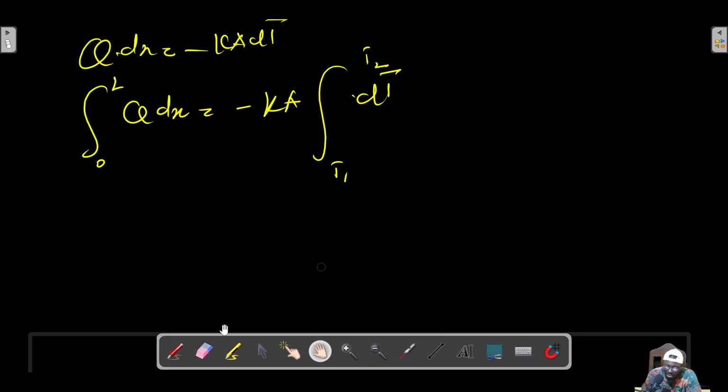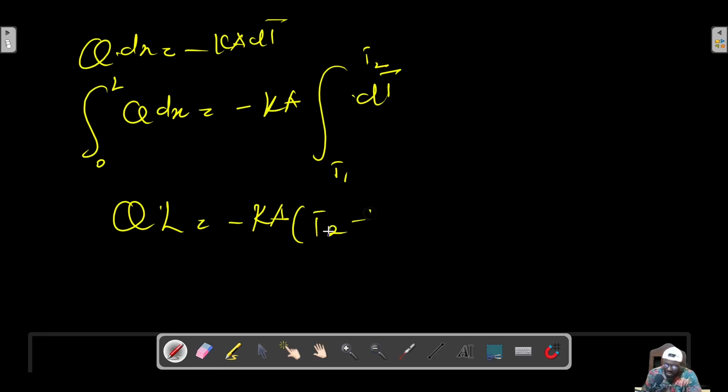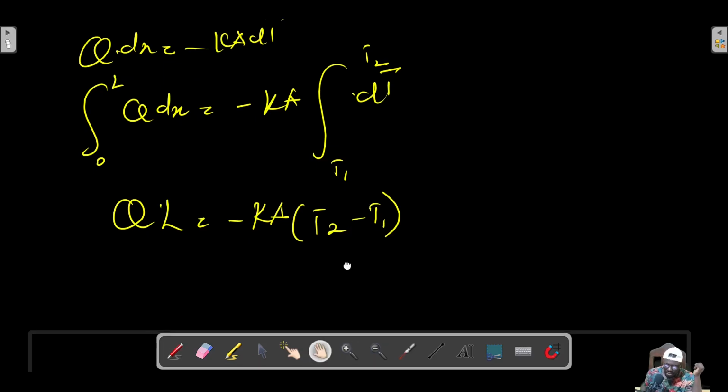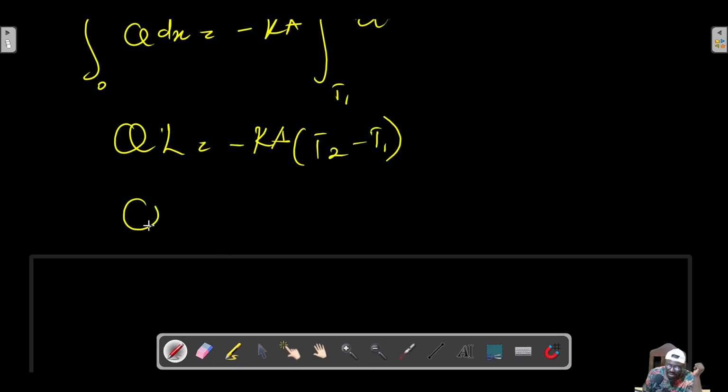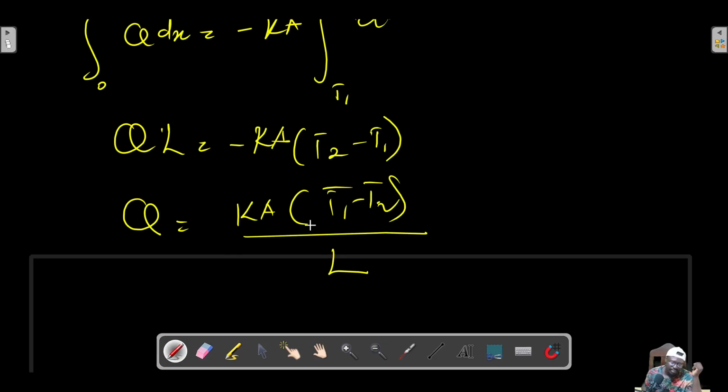What do we end up with? QL is equal to negative KA times T2 minus T1. Then what are we getting? Q is equal to KA T1 minus T2 all over L. So this is also another way of deriving the equation.